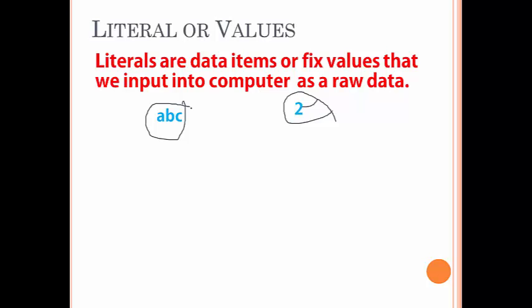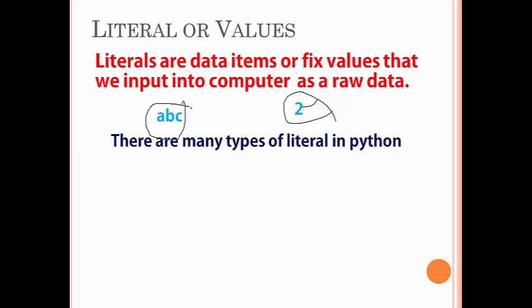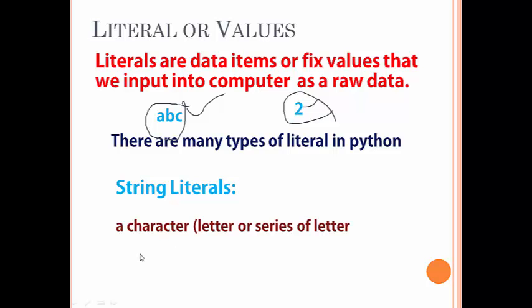There are many types of literals in Python. The first one is the string literal, which we just talked about. ABC was a string literal. We are going to learn a little bit more about them. A character or a series of characters could be a literal. A character means a single letter. Here is the example of a, which is one character.